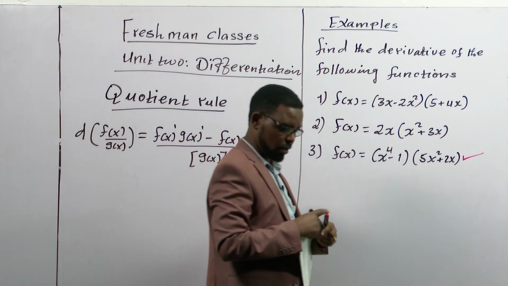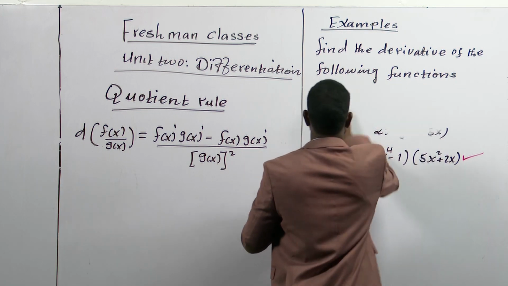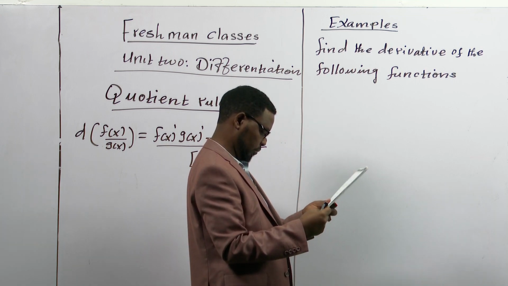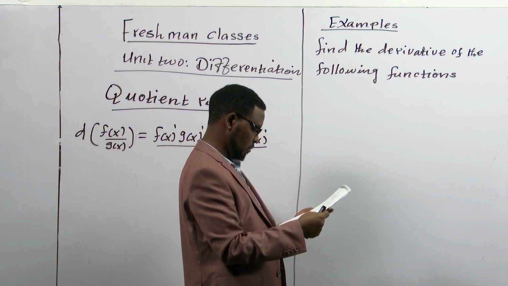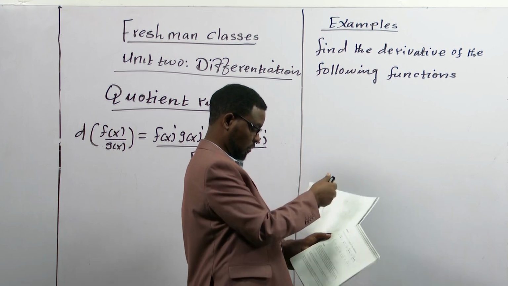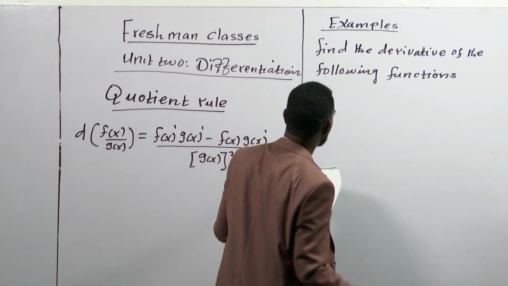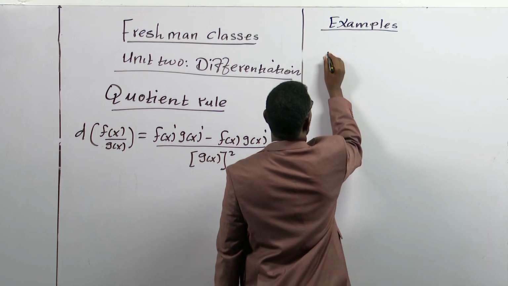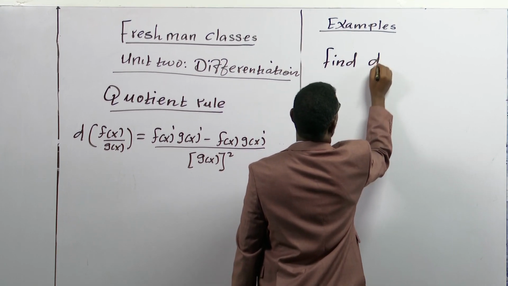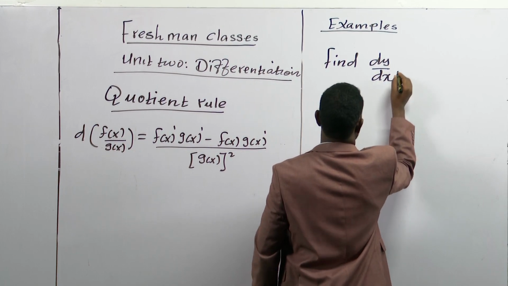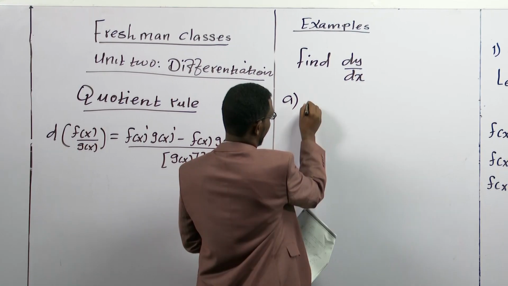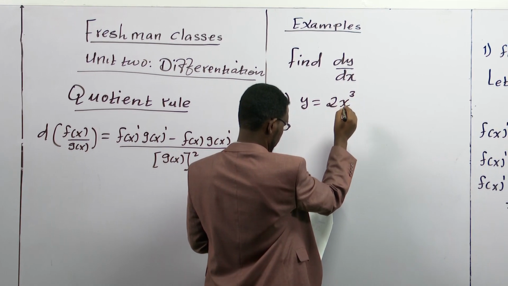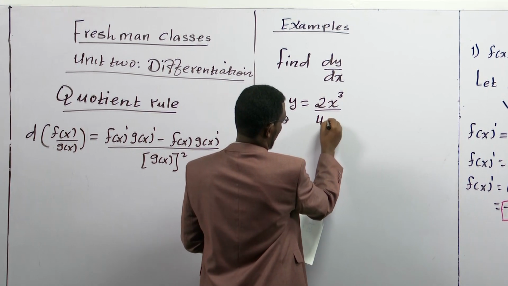Our example: if we take 2 examples, find dy/dx. Number 1: y is equal to 2x cubic divided by 4 minus x.